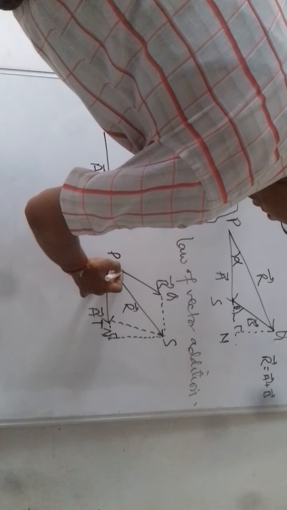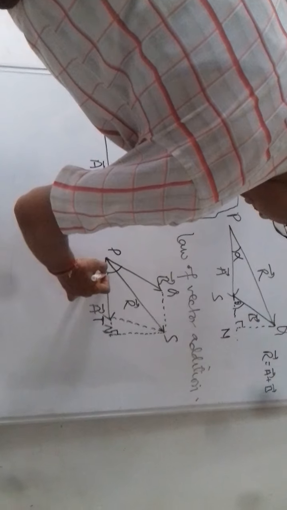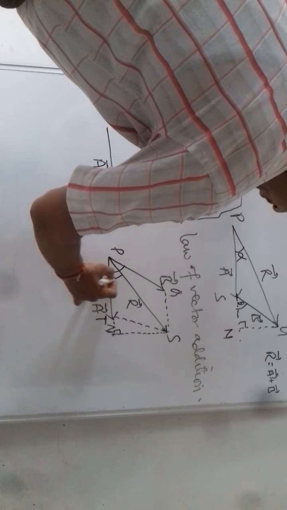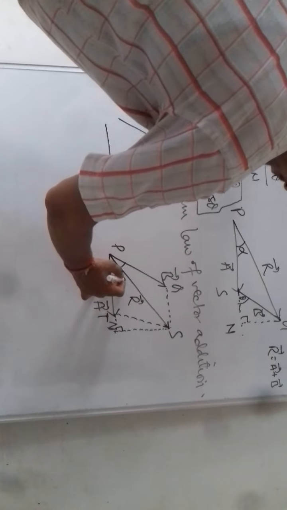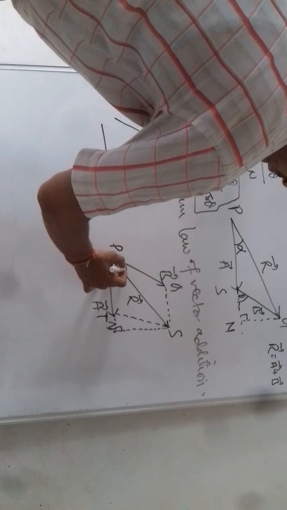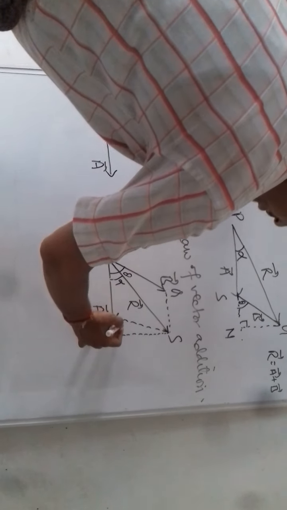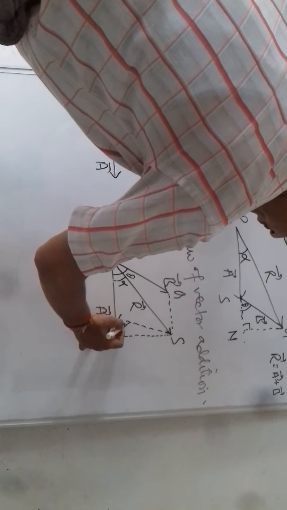Now we have to observe here, this is the angle theta and this is the alpha. So this theta is equal to this theta.